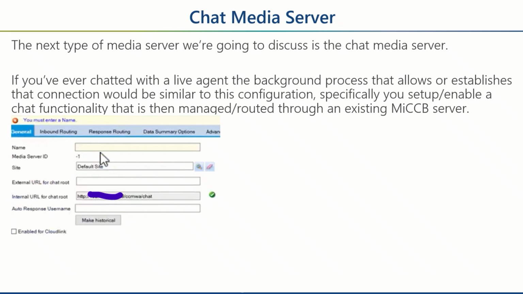And you can notice here in our example image that we have basically a URL that is accessible to the public, and then you have an internal URL that is accessible internally, meaning on the enterprise network. But once again, when it comes to adding in the functionality for chat, you need to have a media server in place for that. And then you simply associate those interactions to the particular agents who can handle them.